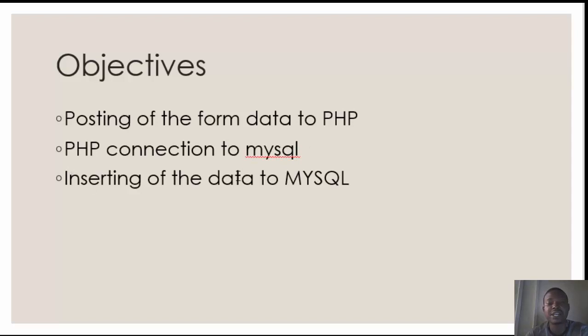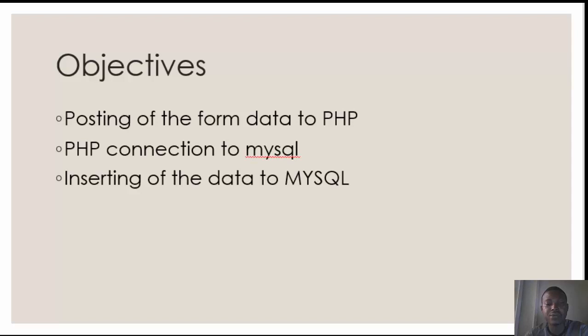Then we are going to insert the data that has been posted from HTML to PHP. Now PHP is going to take them down to the MySQL database and locate the appropriate table. So the process is not that difficult, but we have to follow the process one after the other.